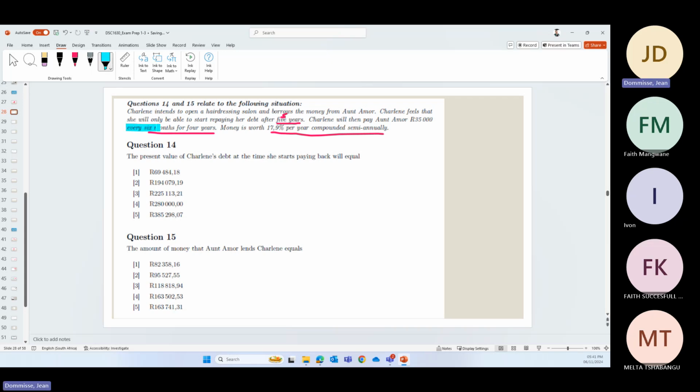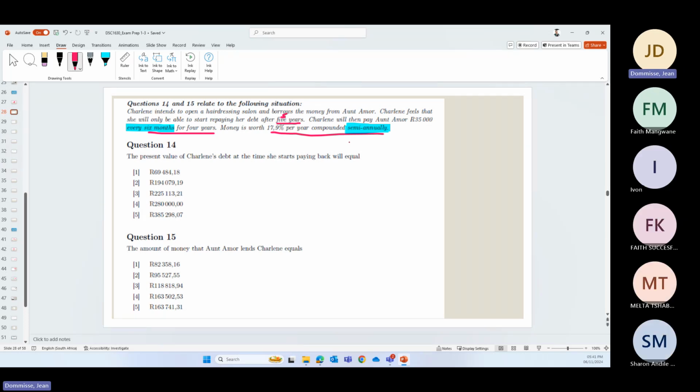Every 6 months and semi-annually is exactly the same thing. They could have just told us 35,000 every 6 months, and this is compounded every 6 months. They don't really need to use the different words, because it means exactly the same thing.